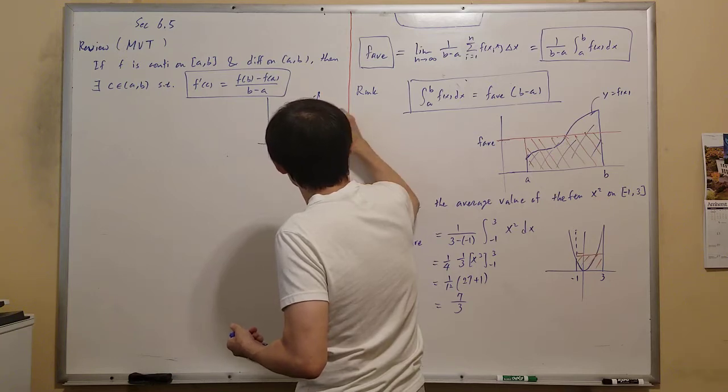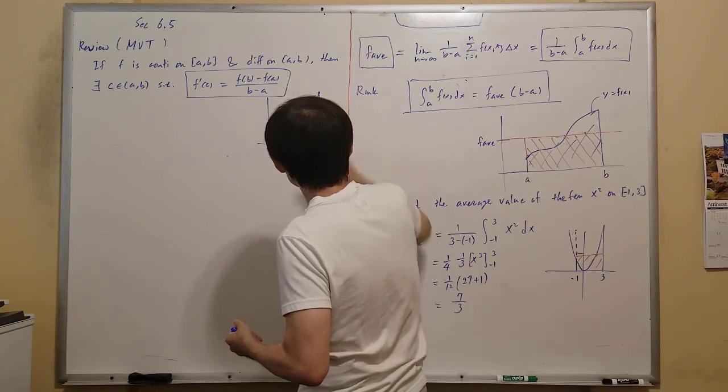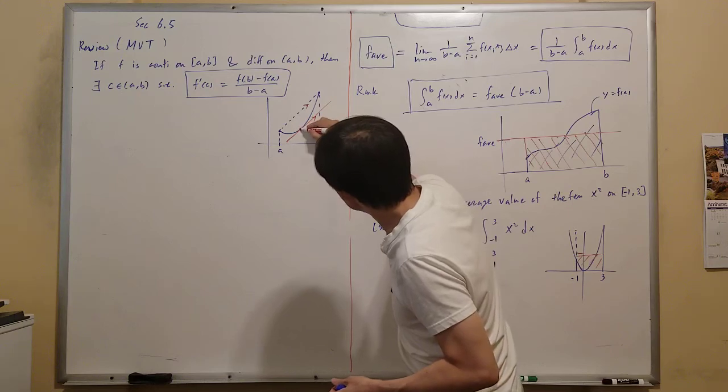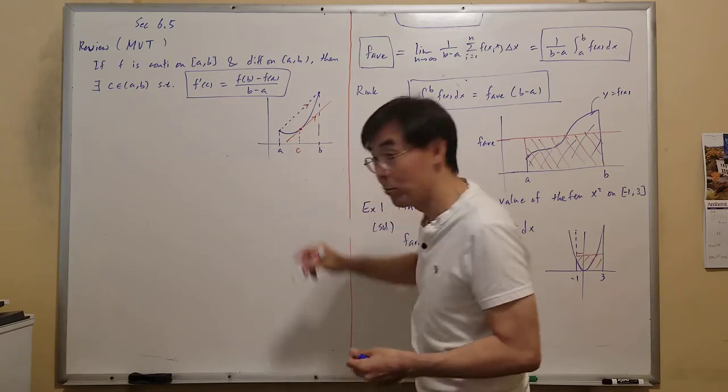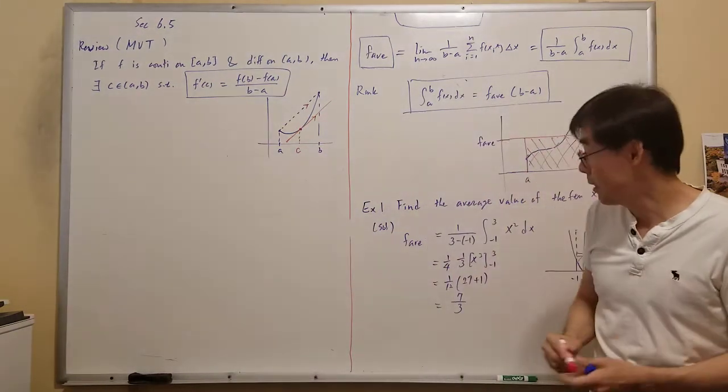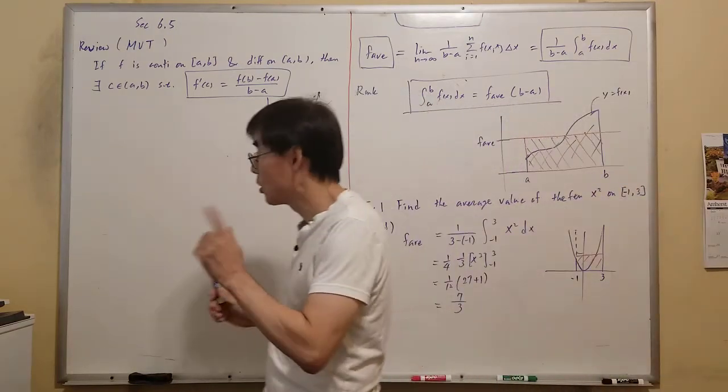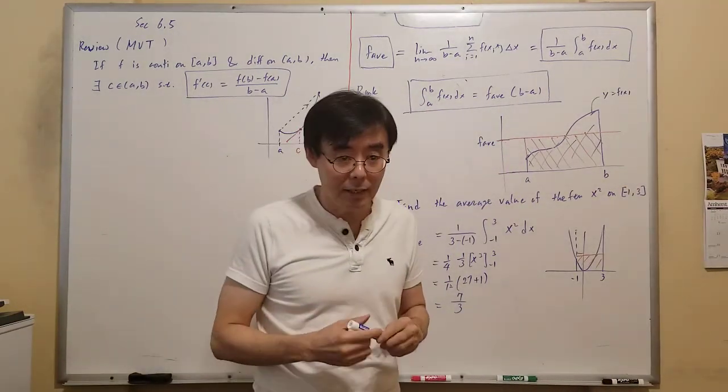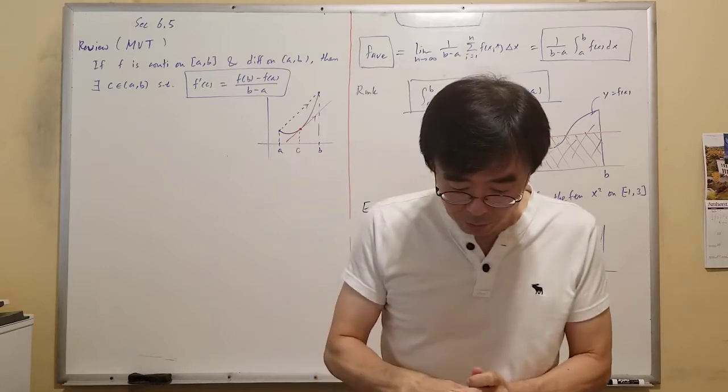That means parallel. That's the point we are talking about. You could have more than one, but this theorem says that as long as your function is continuous and differentiable inside, there must be at least one such point c.